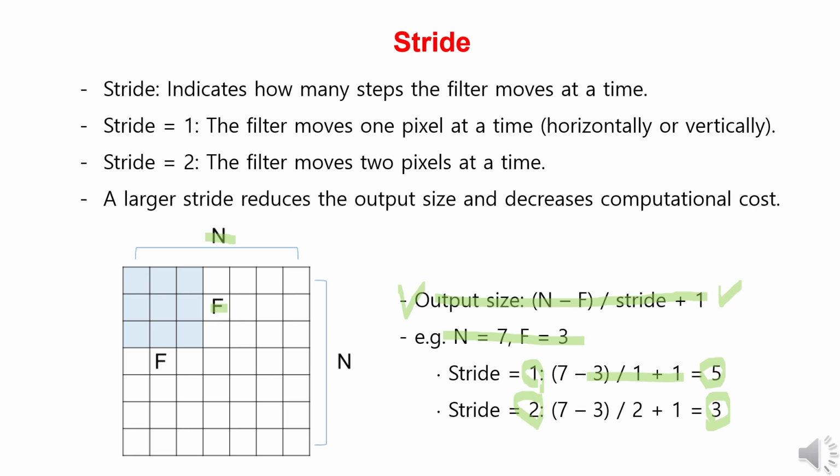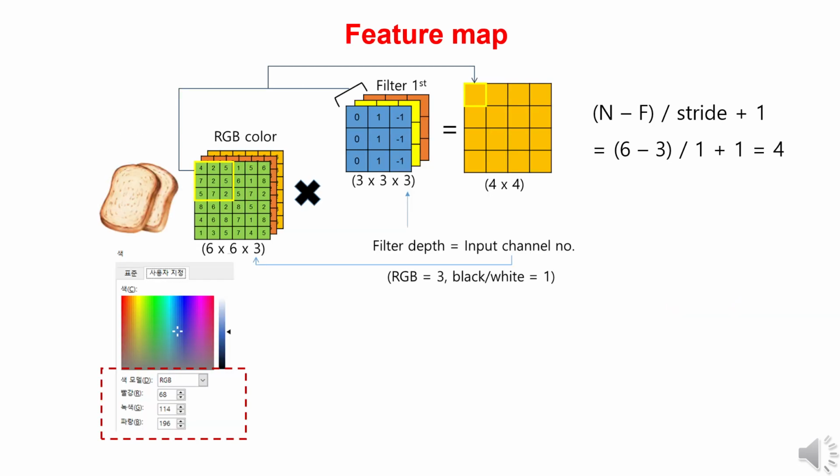So, by understanding this formula, you can make informed decisions about how to adjust your filter size and stride to get the output dimensions you want. A feature map in CNN refers to the output data that's generated after applying a filter to the input image. For example, in a color image like an RGB photo, each pixel contains values for red, green, and blue channels.